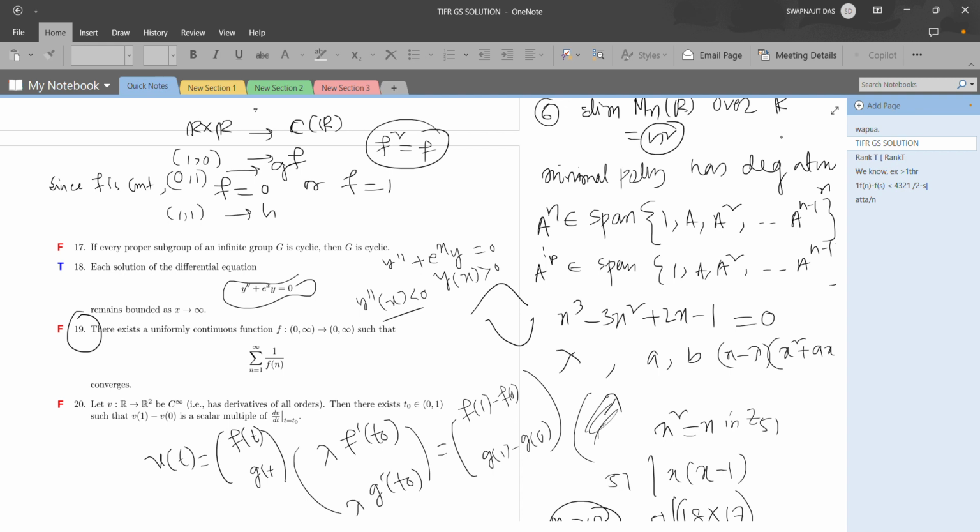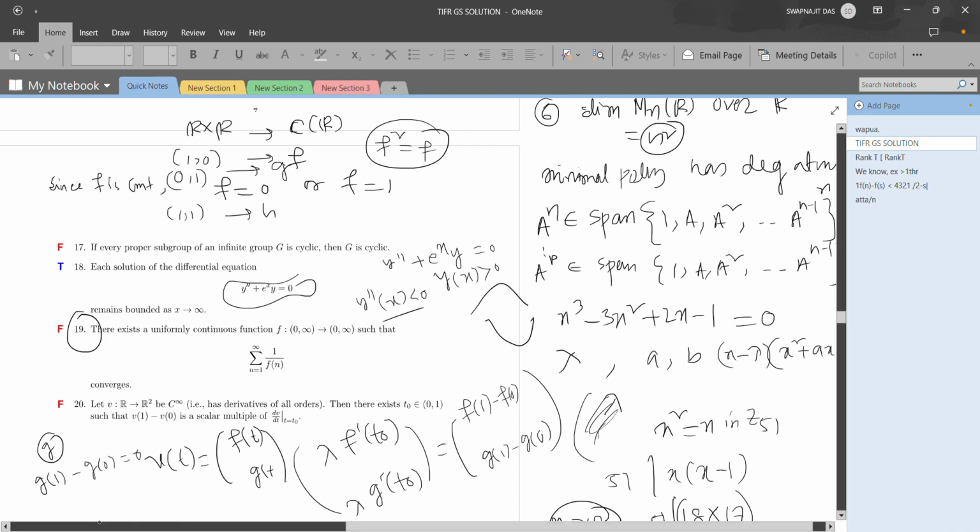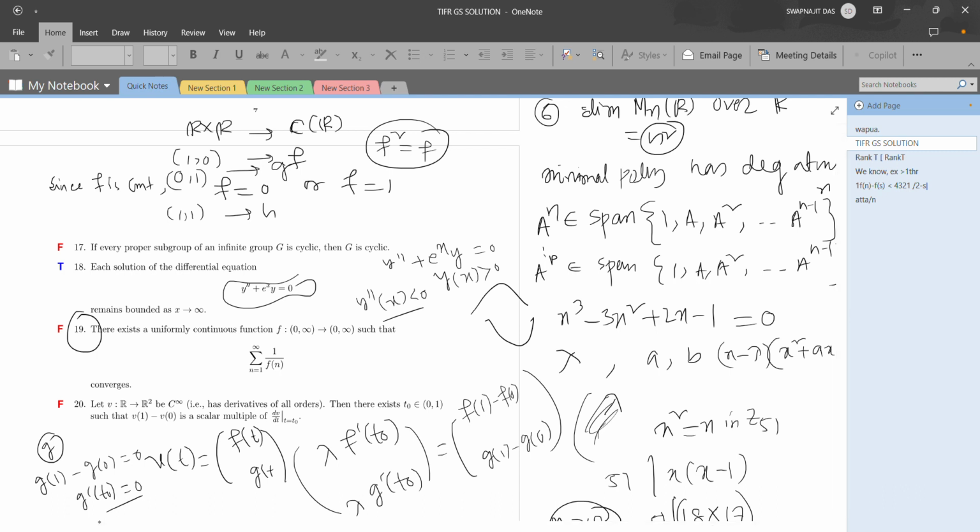So let's first take a function g. If you can find any different, easier solution, please tell me; my solution is slightly complicated. Let's take a g such that g(1) minus g(0) is 0 and there exists exactly one point where g prime vanishes.